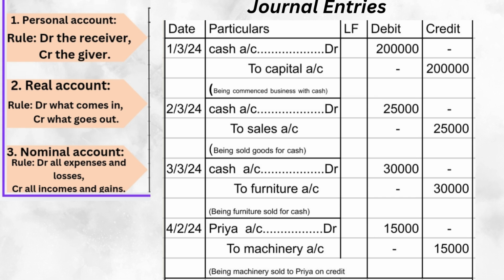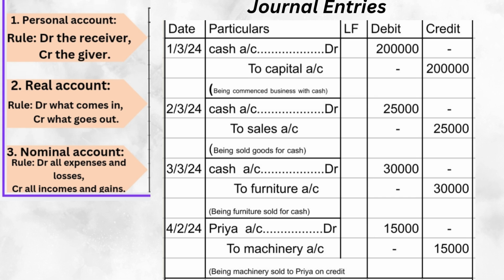Cash is coming inside the business and what is going out? Goods are going out, sales are going out. So write down cash account debtor to sales account. Amount at the debit and credit, and narration being sold goods for cash.